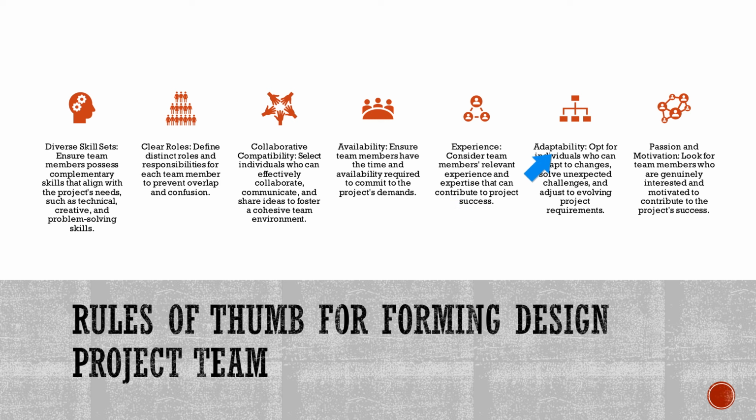Adaptability is one of the characteristics, which means an individual can adapt to changes and solve unexpected challenges or problems, and he or she can adjust to make sure that the project is able to progress.